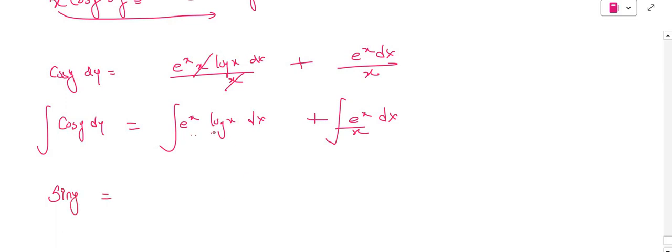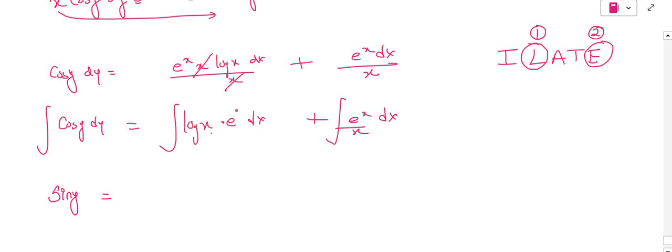For this I will use the ILATE method. This is exponent and log. So for ILATE, here we have exponent and we have log. So log should be given first and exponent should be given second. That you know. So I am changing it. Log should be first and exponent second. So log x into e^x.